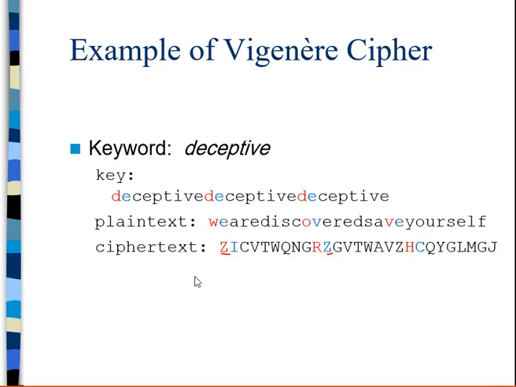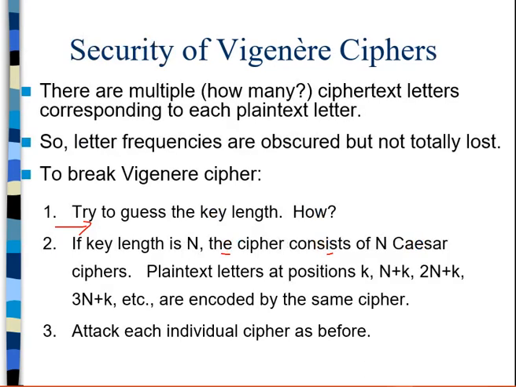Hence, in this way, some statistical information of the plaintext is broken and cannot be used for an attack. As you can see here, the frequencies are obscured, but not totally lost.